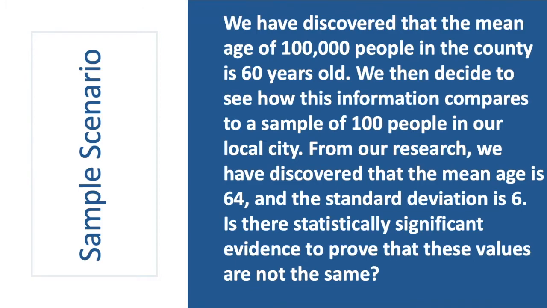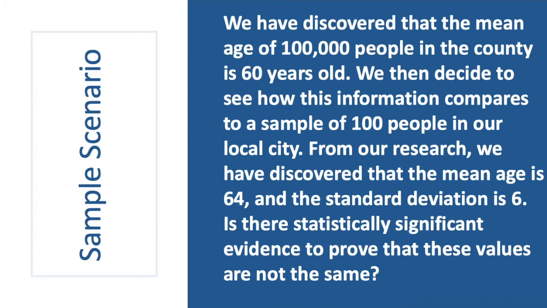We then decide to see how this information compares to a sample of 100 people from our local city. From our research, we have discovered that the mean age is 64 and the standard deviation is 6. Is there statistically significant evidence to prove that these values are not the same?